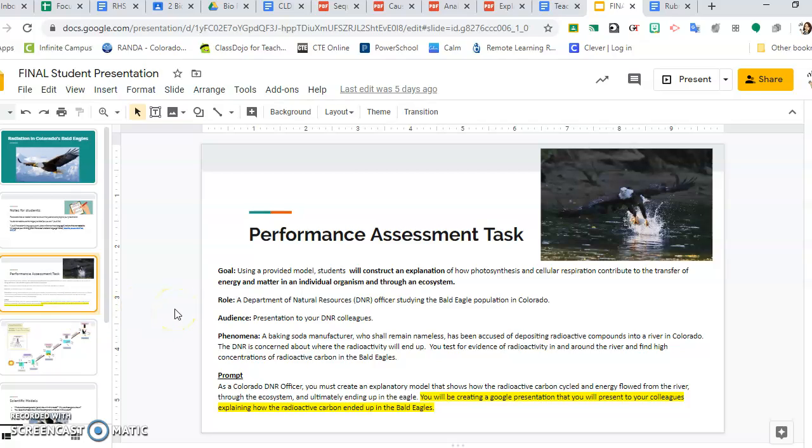A baking soda manufacturer, who shall remain nameless, has been accused of depositing radioactive compounds into a river in Colorado. The Department of Natural Resources is concerned about where the radioactivity will end up. You test for evidence of radioactivity in and around the river and find high concentrations of radioactive carbon in bald eagles.